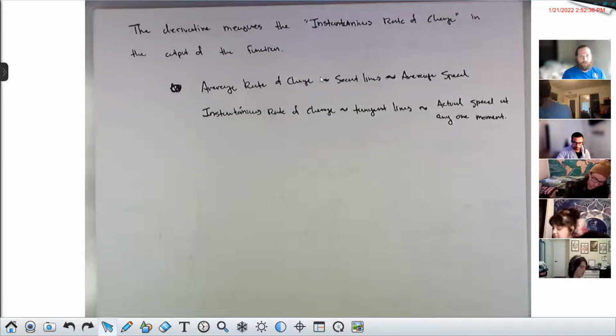And the tilde here just means is associated with. So average rate of change is like an average speed, something you would think of as the slope of a secant line. The instantaneous rate of change is like your actual speed from moment to moment along the trip, and it's associated with a tangent line, or the derivative.